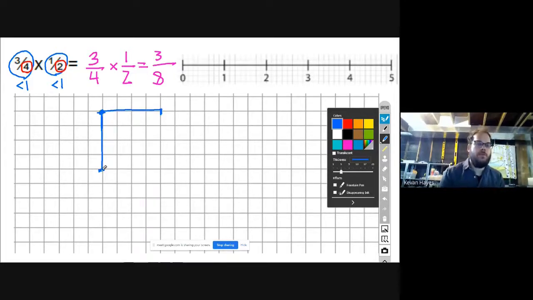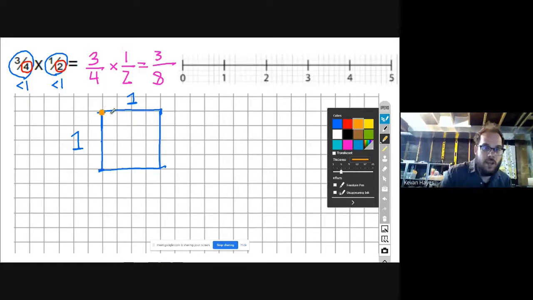Okay, so this is going to represent 1 unit wide, and this is going to represent 1 unit wide. And what that means is each of these little grid lines represents a quarter on each of these dimensions. So this is my reference square. That square has an area of 1. Now let's represent this idea of 3/4 of 1/2. So we're going to start on 1 dimension, and we're going to trace out 3/4.